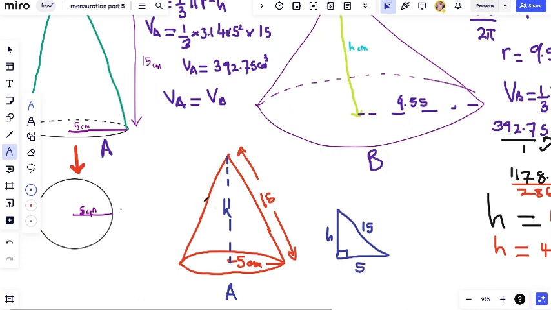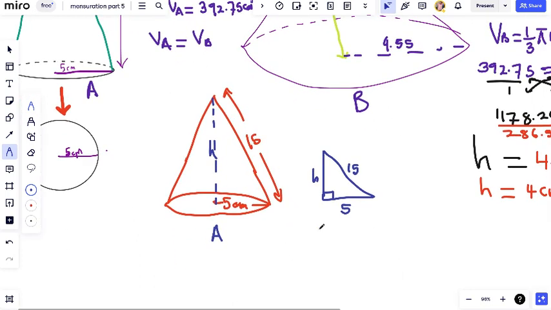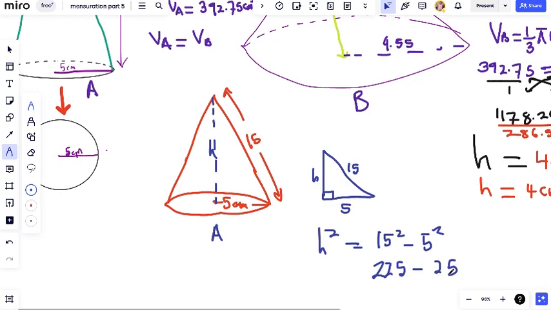If cone A was structured like this, the answer would have been different, so we would find the height h first. h squared is equal to the longest side squared, which is 15 squared, minus 5 squared. That is Pythagoras. 15 squared is 225, minus 25, that will be 200.